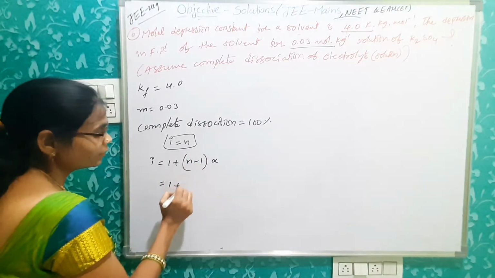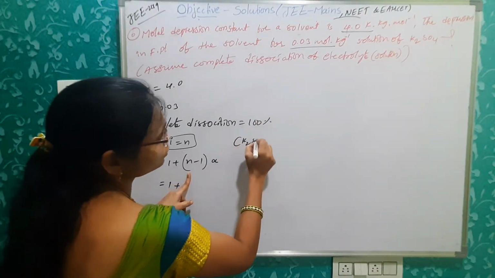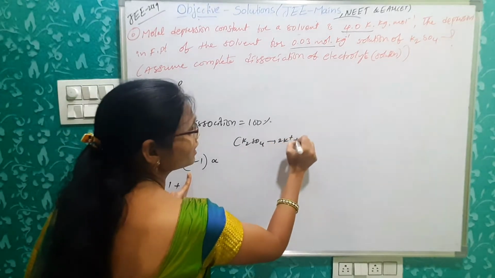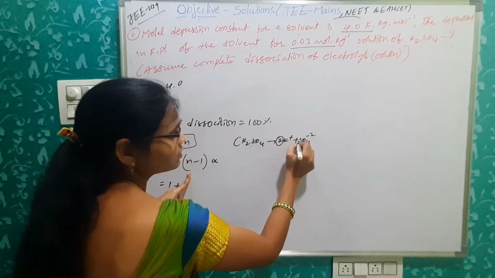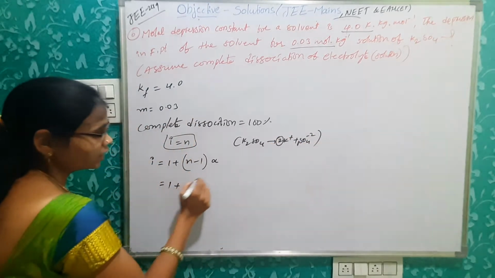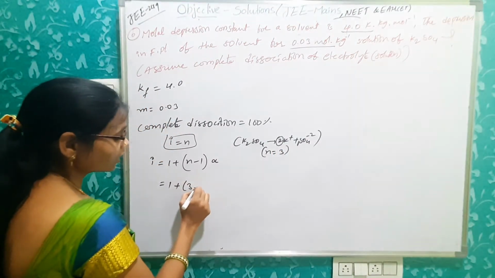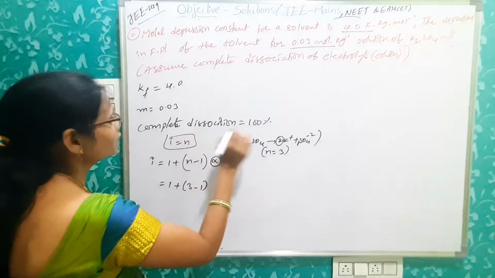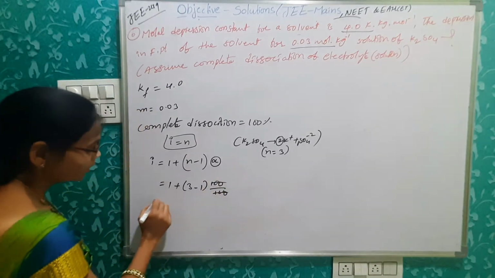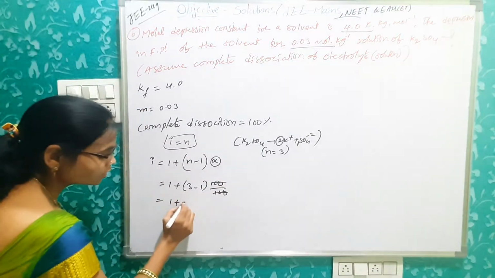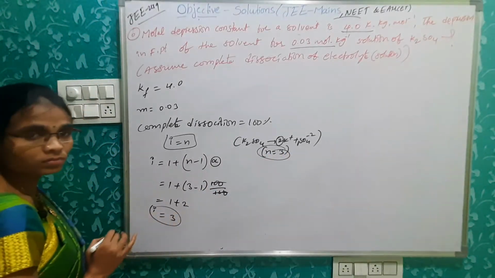K2SO4 dissociates into 2 K plus ions and 1 SO4 minus 2 ion. So 2 cations, 1 anion means 3 ions. Complete dissociation means alpha is 100 by 100. So 1 plus (3 minus 1) is 3, so n equals 3. i is also 3. Clear?